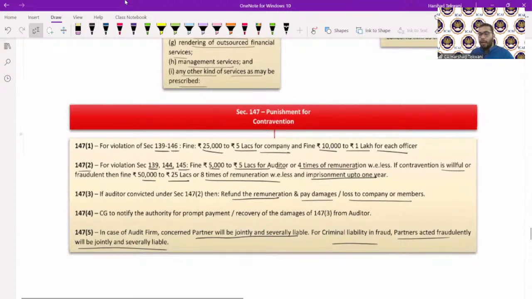So Srinidhi, if you're talking about other assignments like individual cases or LLP cases, is the auditor allowed to take these cases? Again, you need to take care. If there is a tax audit, then there is a limit for the tax audit. Remember 60. So if it is an individual case or LLP case where there is an audit because of tax, then there is a limit in tax audits also.